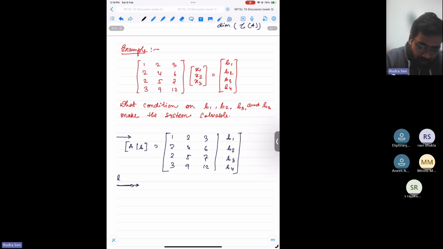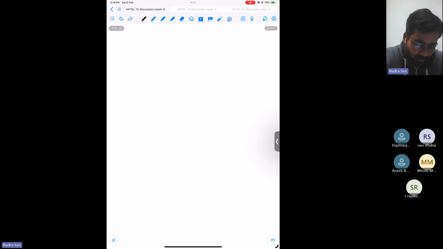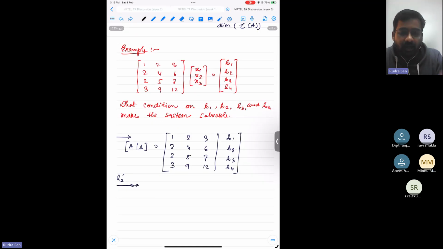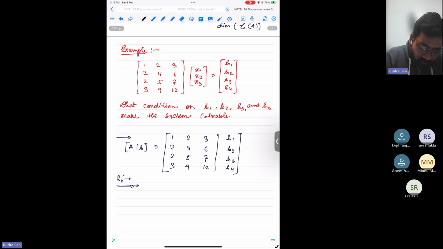So we will get a unique solution or zero solution. There is no possibility of getting infinitely many solutions. So we do R2 is R2 minus 2 R1, R3 is R3 minus 2 R1, and R4 is R4 minus 3 R1.